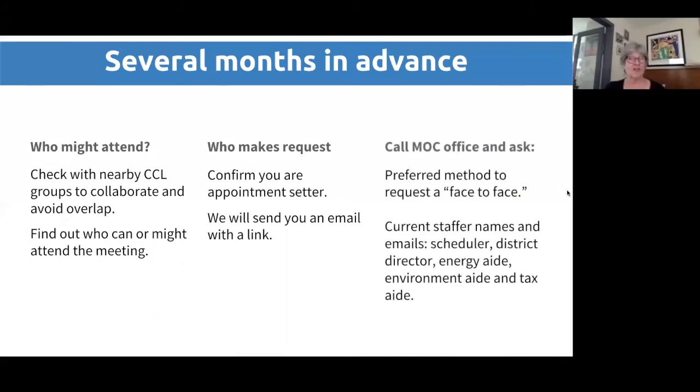Then you're going to call the member's office and ask what their preferred method is to request a face-to-face. And of course, if you're asking for a face-to-face, you're also going to ask for updated information on staffers in the office. Staffers do move to other offices quite often, so you might want to just confirm the scheduler and the aide that you work with is still in the office and get their email address if it's a new person.